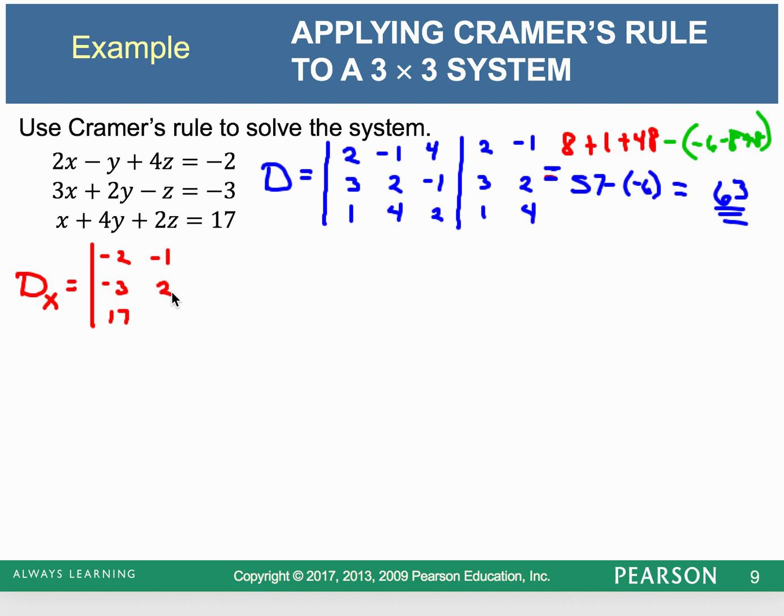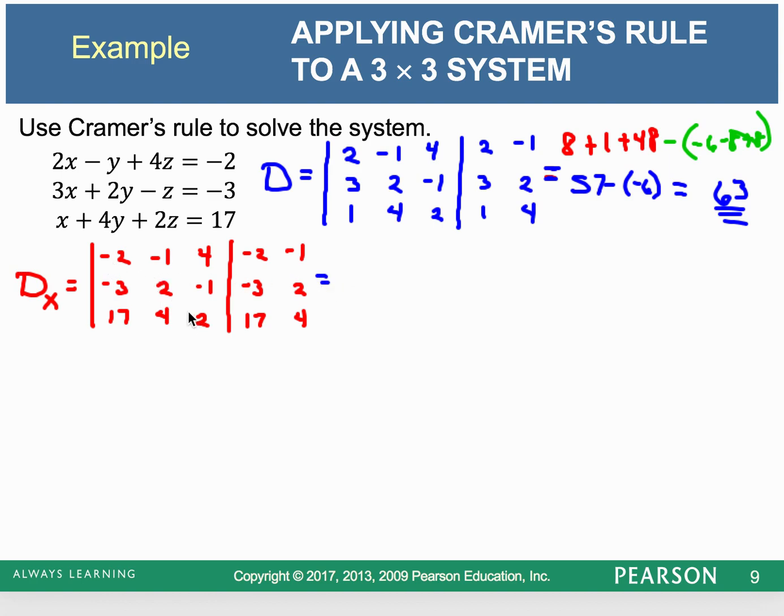Negative 1, 2, 4, 4, negative 1, 2. Okay, let's repeat the first two columns. Negative 2, negative 3, 17, negative 1, 2, 4, and see what we get.